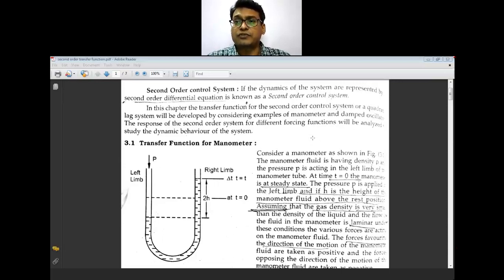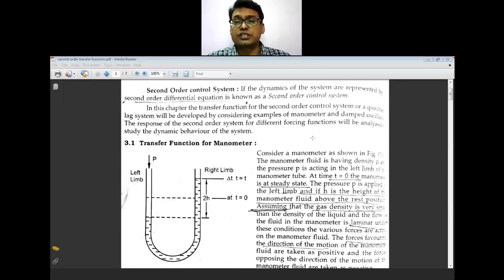That is why we call these second order systems. The dynamics of the system, which is represented by a second order differential equation, is known as a second order control system. So we will study the transfer function for the second order system. For a first order system, it is 1 upon 1 plus tau s.